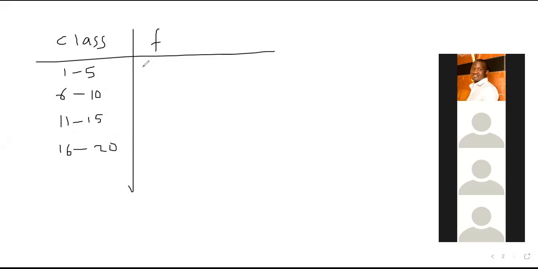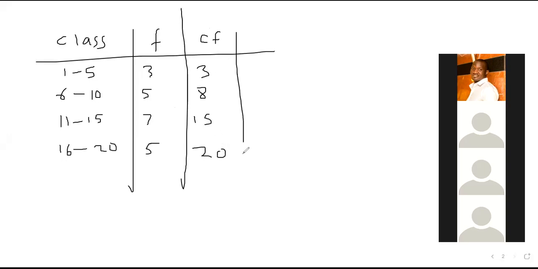Given a frequency, for instance, of 3, 5, 7, 5, how do you find the cumulative frequency? Start with a 3. Add the numbers here. 3, you get what? Then 8. So we added 5 plus 3, 8. Then 15. Then 20.